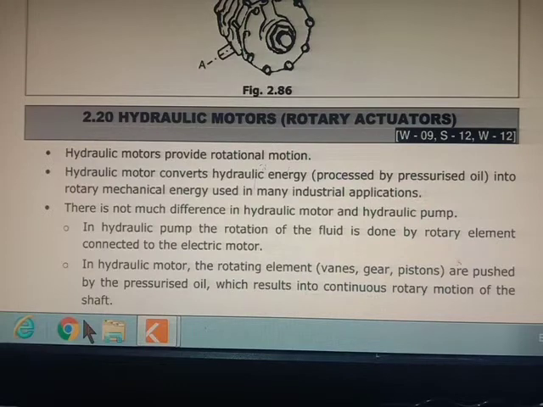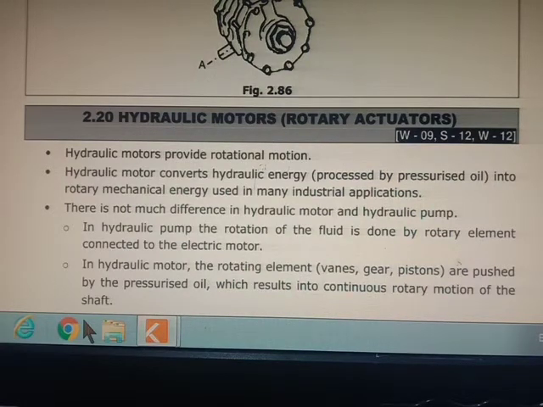Now up till now, in all the hydraulic circuits we have seen, we have operated the actuators, and generally we have actuated which type of actuator? Linear actuators. The to and fro motion of the hydraulic cylinder we have provided. But in some machineries, when you are using the hydraulic circuit, you want to create rotary motion, meaning the output should be rotary motion.